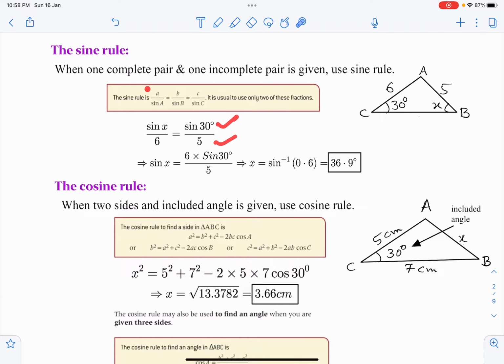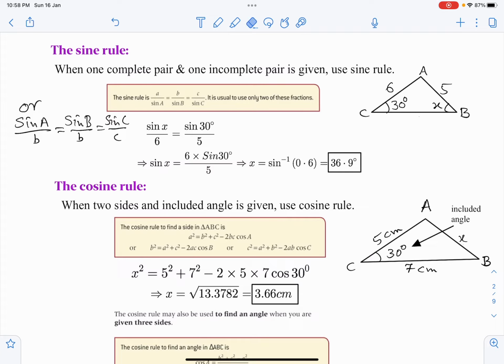This can be inverted also. It can be a over sine A is equal to b over sine B is equal to c over sine C, or it can also be sine A over a is equal to sine B over b is equal to sine C over c. Please remember that it can be taken in this way also.